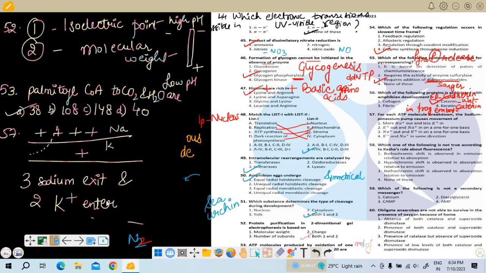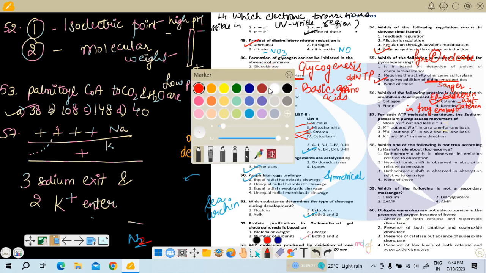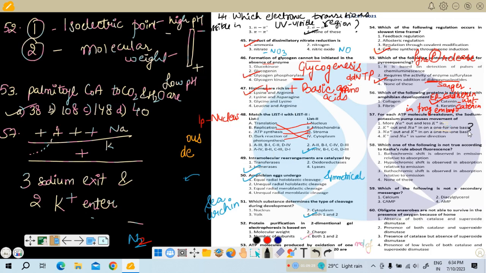Sodium out and potassium in. So this is not on a one-to-one basis, this is on 3 and 2 basis, 3 for sodium and 2 for K positive. So option number 1, more Na positive out and less K positive in.